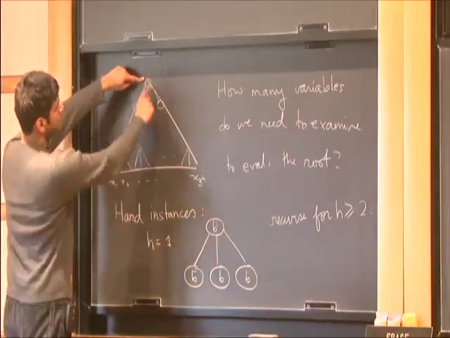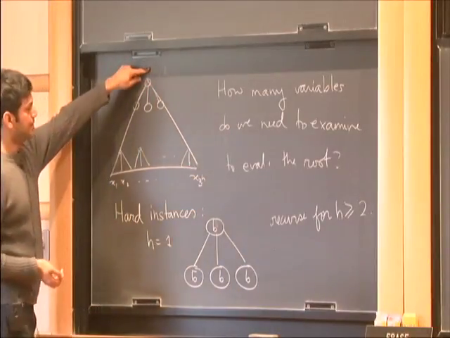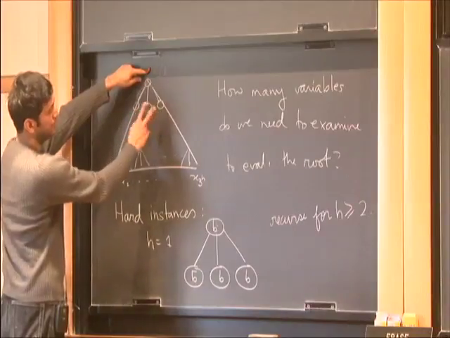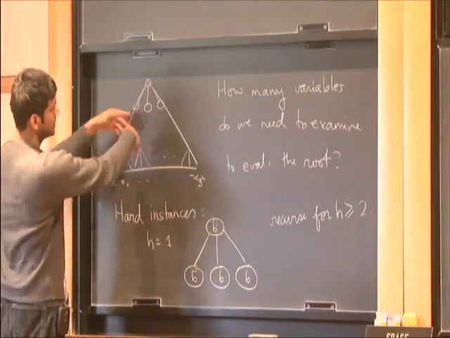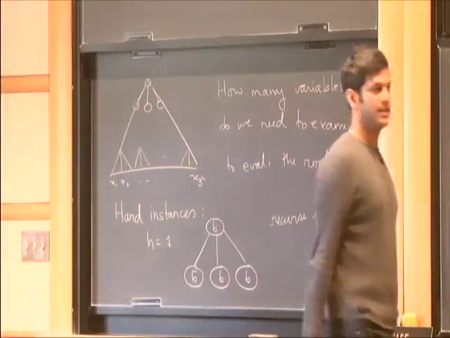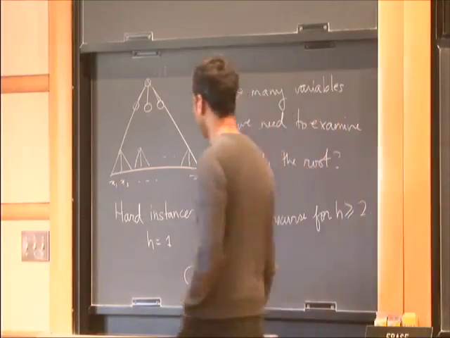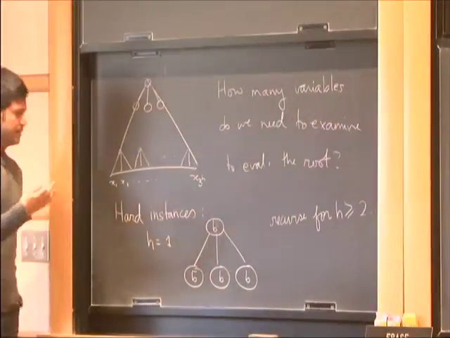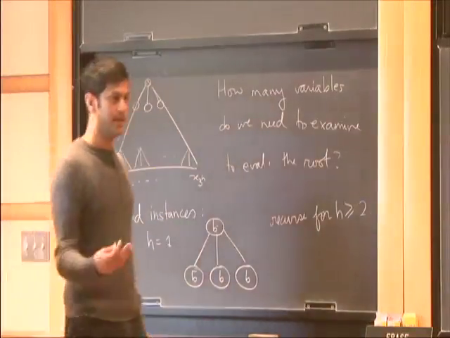So if you want to be sure that the root evaluates, let's say, to 0, then you must know that 2 of its children evaluate also to 0. And then 2 of the grandchildren of each of these children must evaluate also to 0, and so on, right? So a certificate in these hard instances is of length 2 to the h.